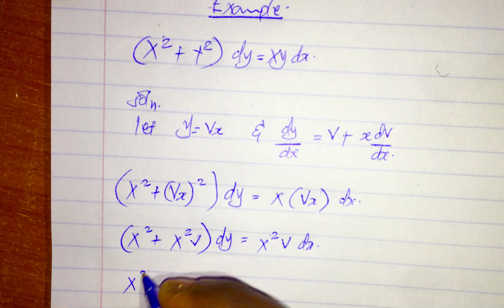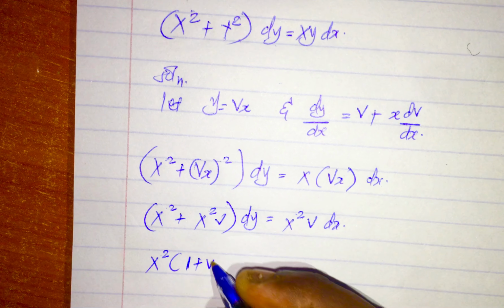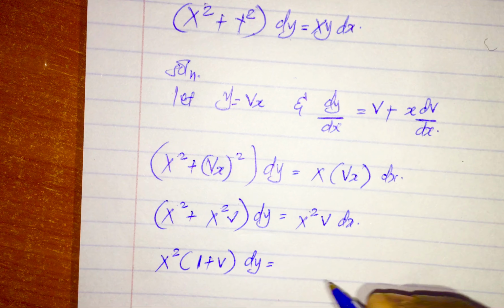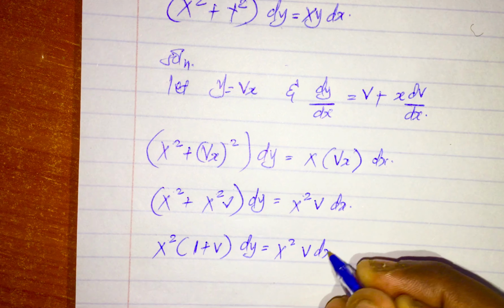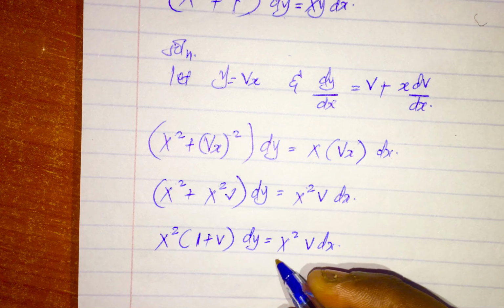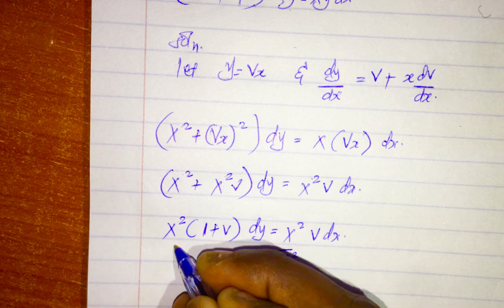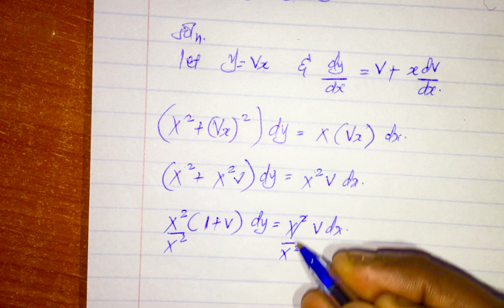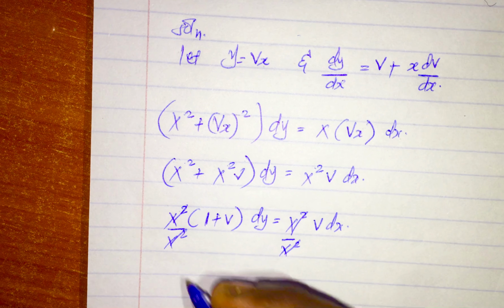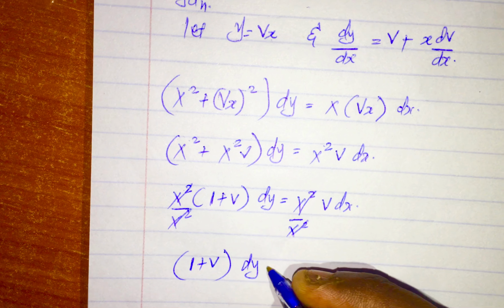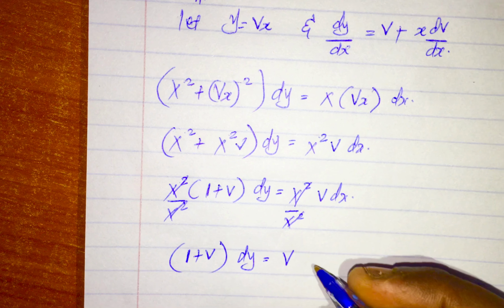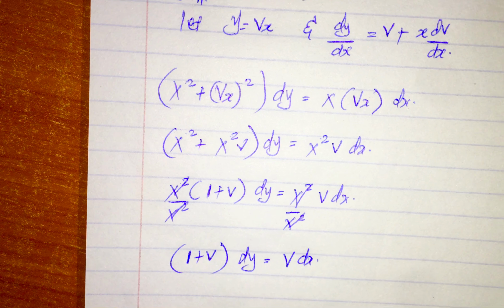So x squared into (1 plus v) dy is equal to x squared v dx. You divide all through by x squared, x squared cancels x squared. So we have (1 plus v) dy is equal to v dx.